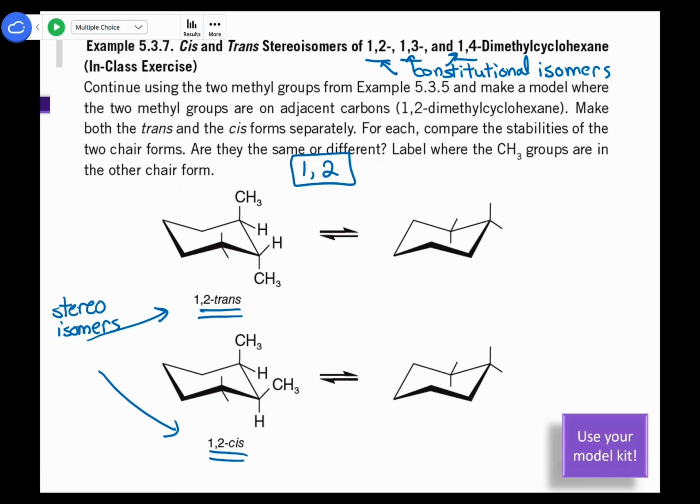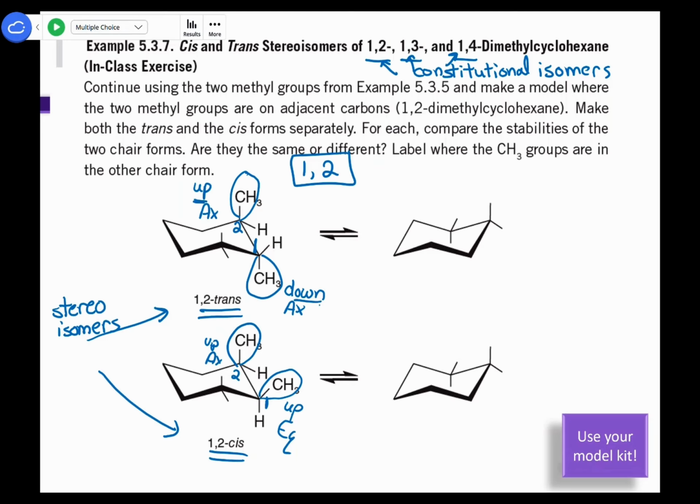We have a methyl group. I'm going to call this carbon 1, a down axial on carbon 1, and up axial on carbon 2, versus an up equatorial on carbon 1 versus an up axial on carbon 2.